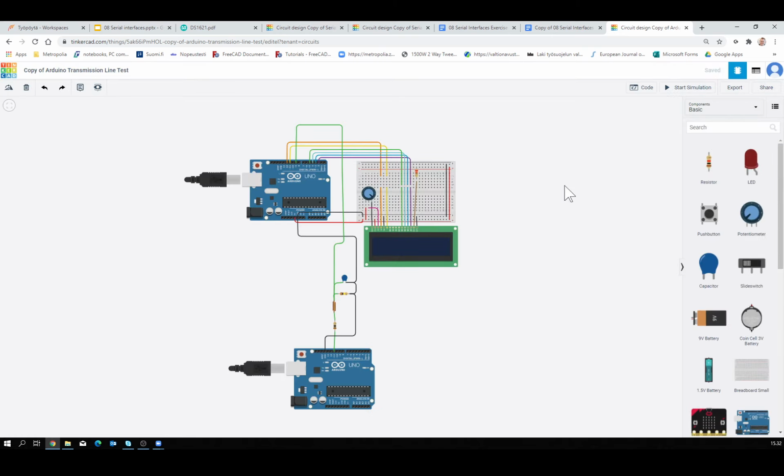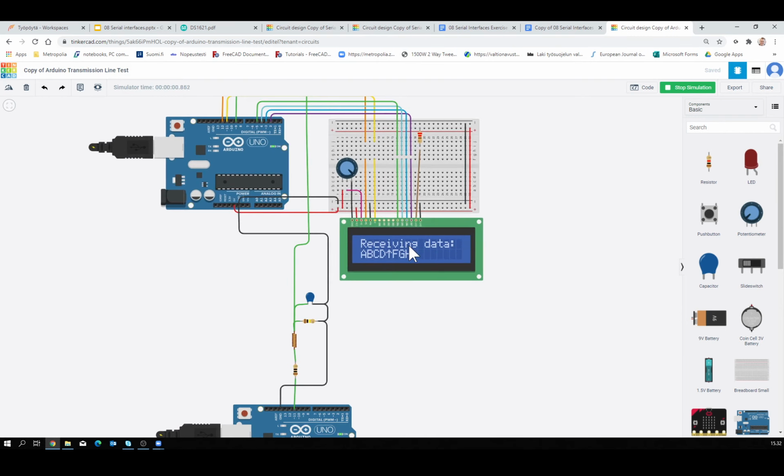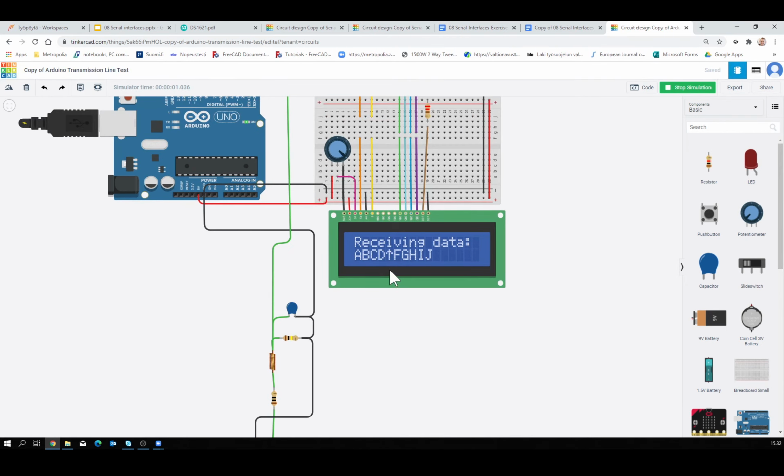Okay, there we go. If I just click start simulation. Okay, every second it is sending A, B, C, D, E. For some reason the first time E is here, it always goes as a wrong character. I have no idea what is going on there. It's some sort of bug. But anyways, data is received just fine.